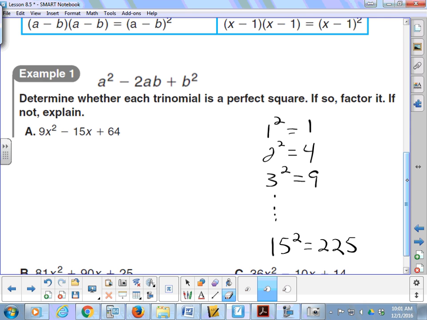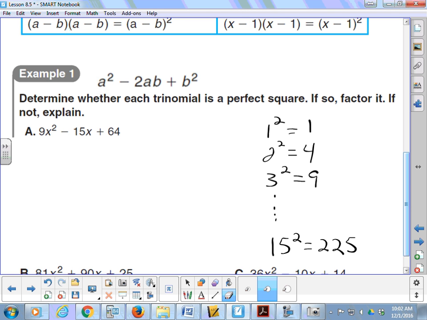All right, so we want to determine whether a trinomial is a perfect square. If it is, we're going to factor it. If it's not, we're going to explain why not. Our explanation is basically going to just involve numbers, or showing the work.